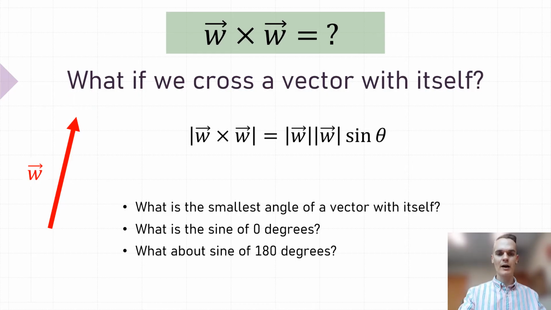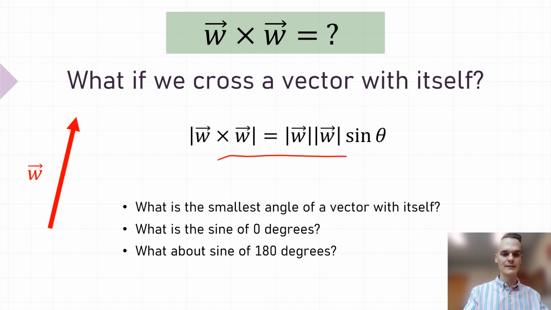The last property of the cross product that I want to discuss is what happens when you cross a vector with itself. There are two ways you can think about this. We can think about it in terms of the area spanned by the two vectors when they're placed tail to tail, or you can calculate the magnitude of the cross product explicitly. So let's do the parallelogram method first.